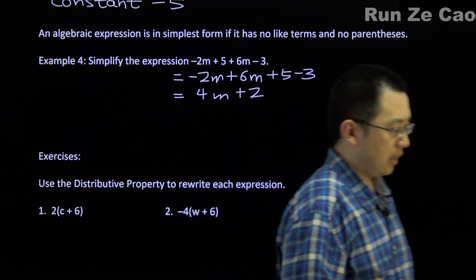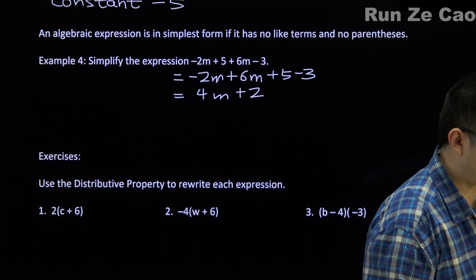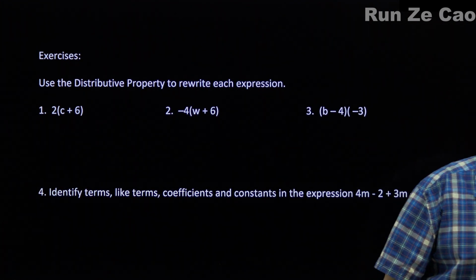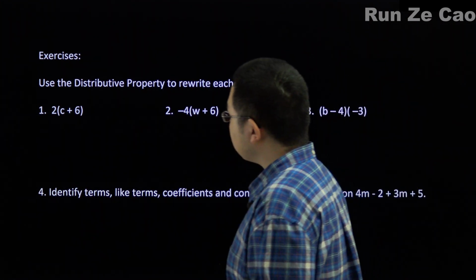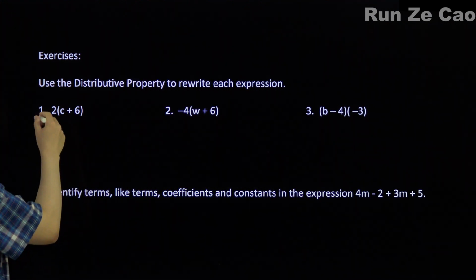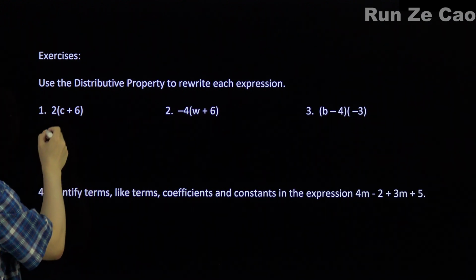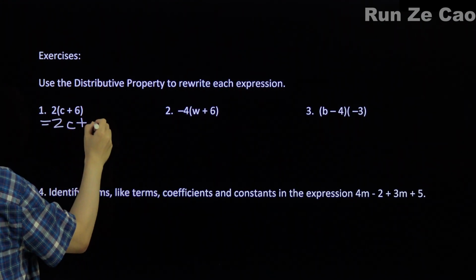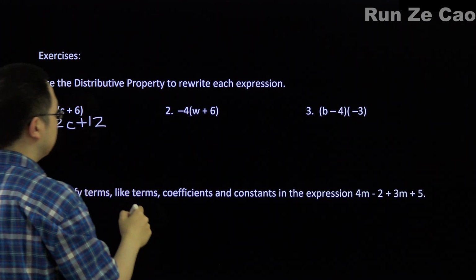Okay, then, let's use the distributive property to rewrite each expression here. So let's do some exercises. 2 times (c plus 6), well, that's 2 times c plus 2 times 6, which is 12.